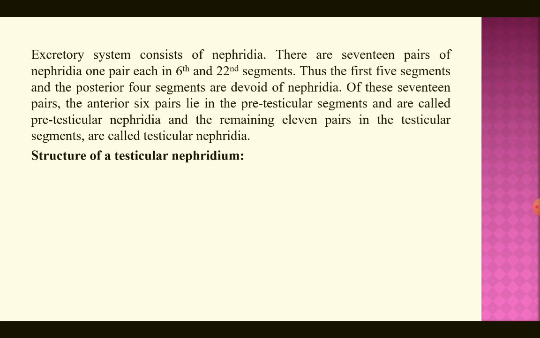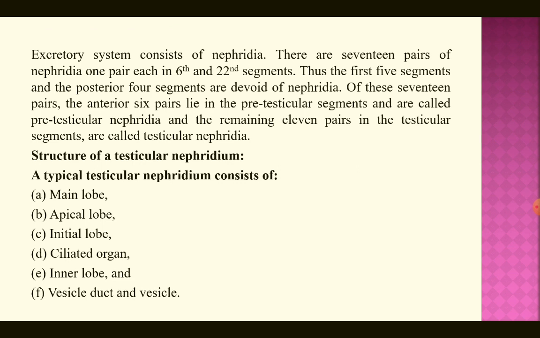Of these 17 pairs, the anterior 6 pairs lie in the pretesticular segments and are called pretesticular nephridia, and the remaining 11 pairs lie in the testicular segments and are called testicular nephridia.